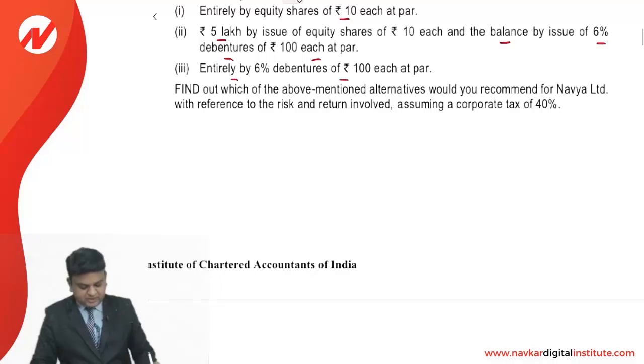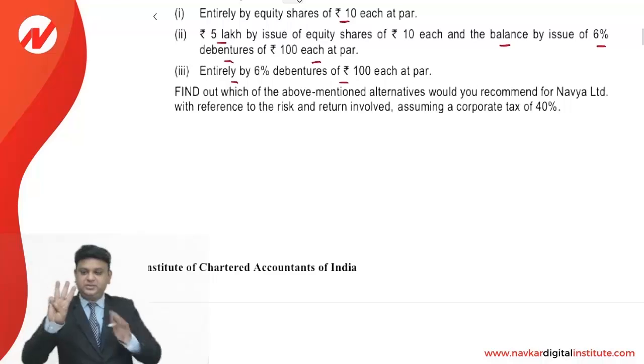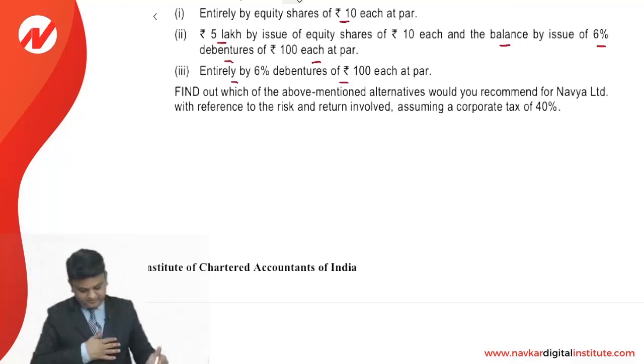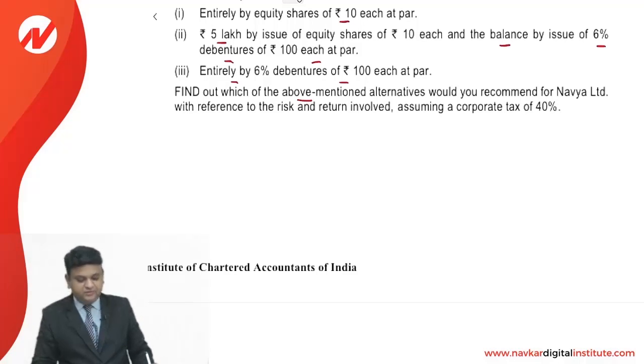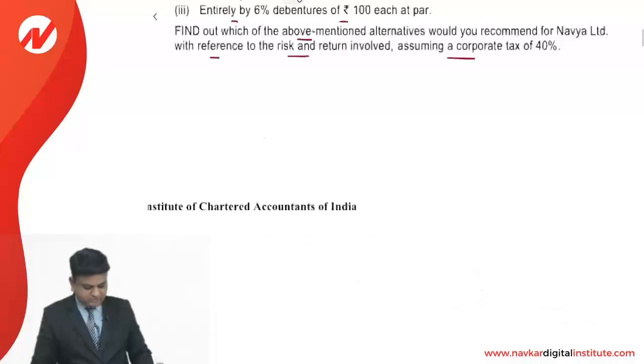Third, entirely by 6% debentures of 100 rupees. Means 3 options: equity, mixed, debt. Find out which of the above mentioned alternatives you would recommend for the company with reference to the risks and return involved, assuming income tax rate is 40%.